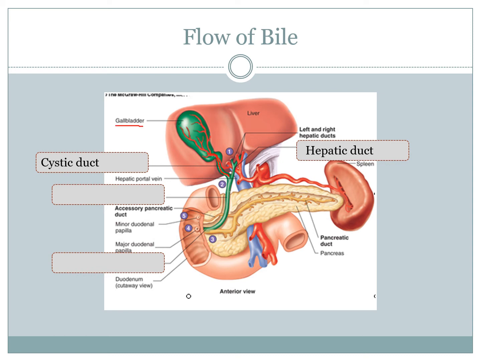So when the hepatic duct and the cystic duct come together, they call that the common bile duct, and that's this one right here. And that flows actually right through the head of the pancreas, and it combines with the very end of the pancreatic duct.